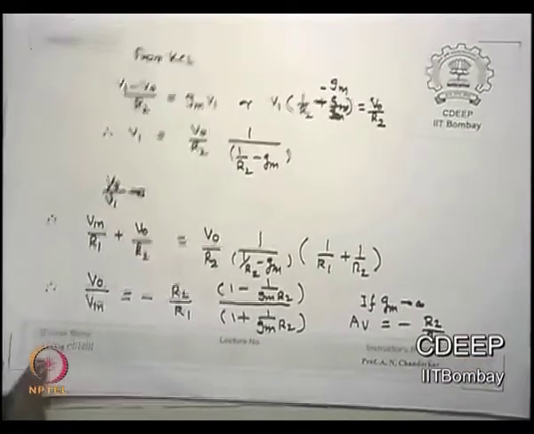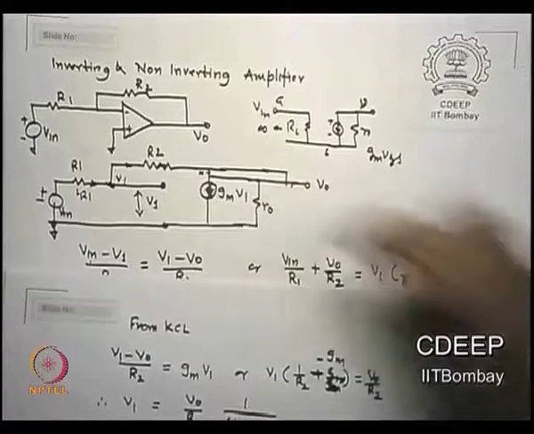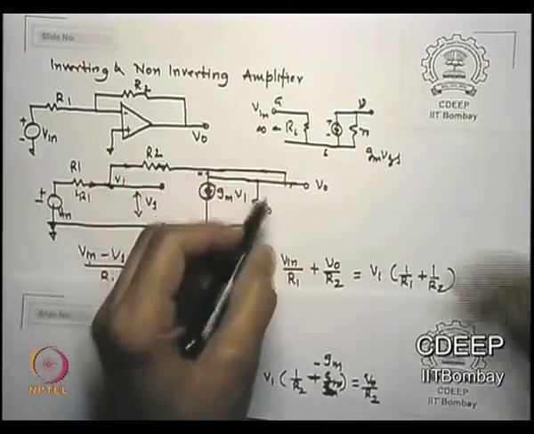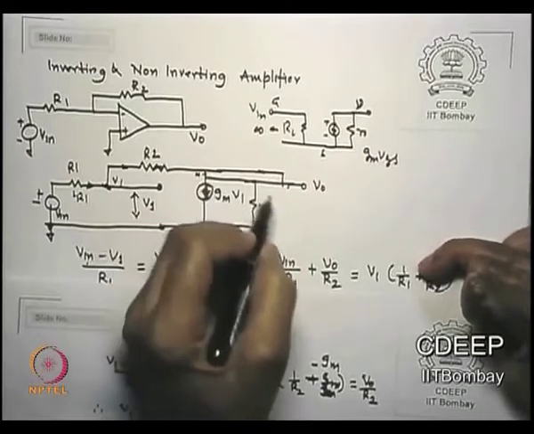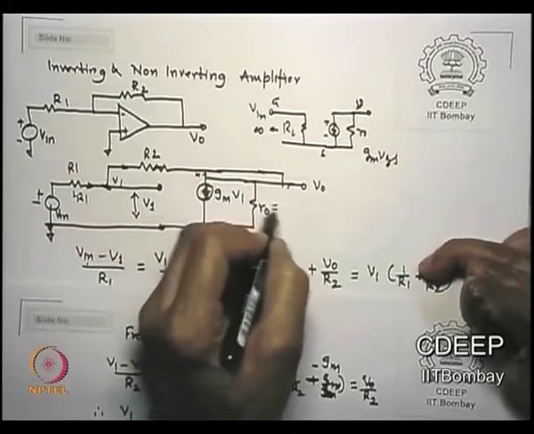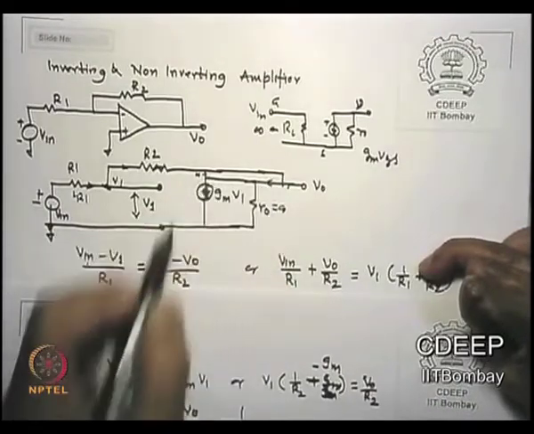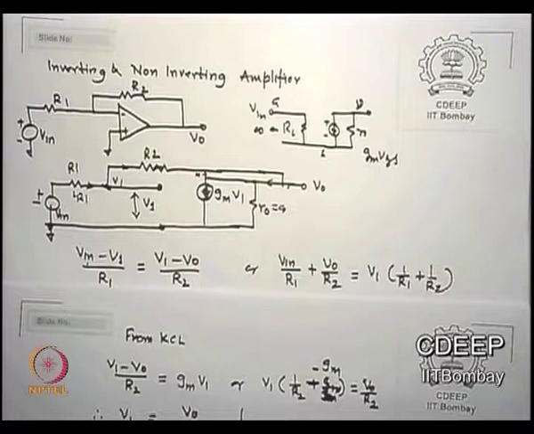From the KCL you can see from here this equivalent, the current V1 minus V0 is going where? Assuming R0 right now is infinite for the sake of simplicity, where will this current be going?